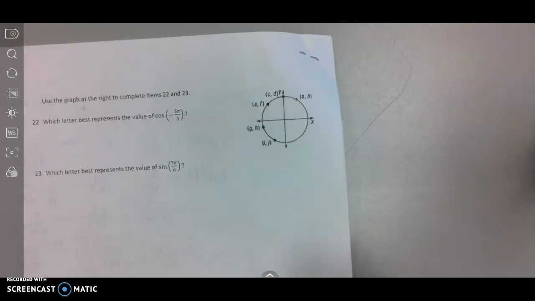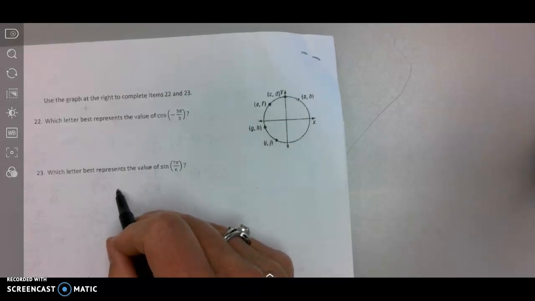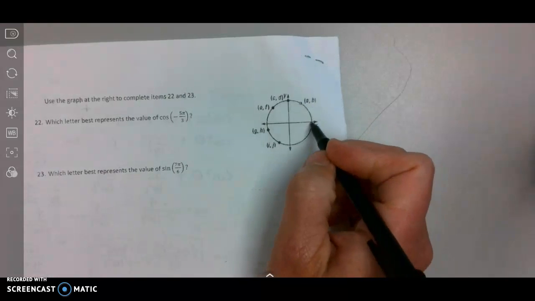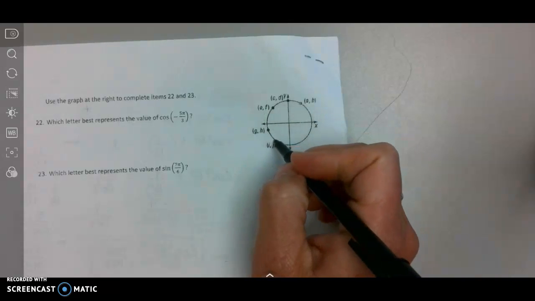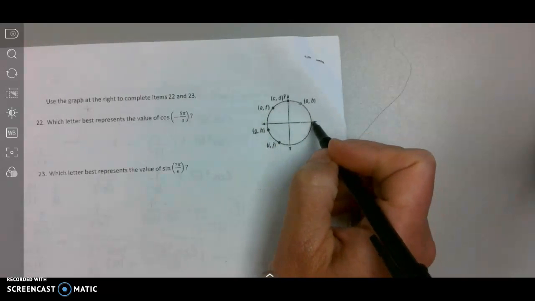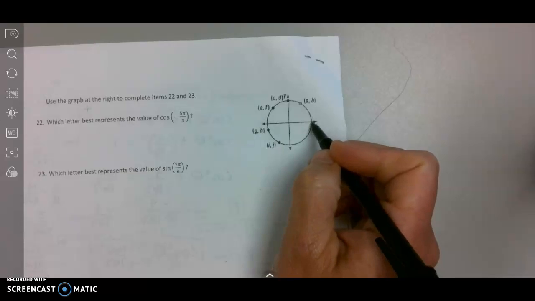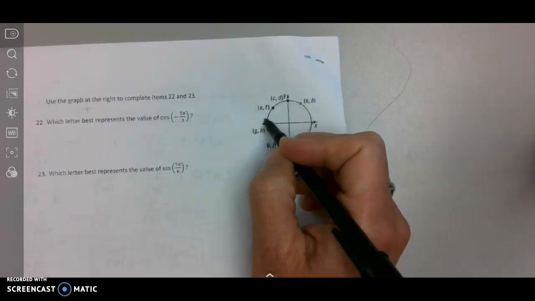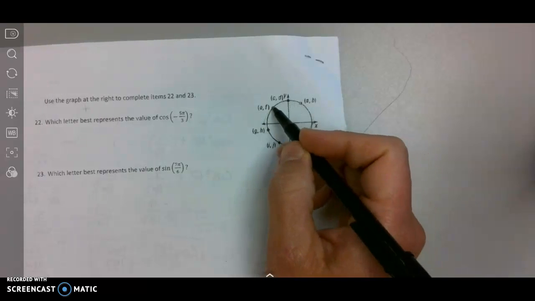Just two more questions. Which letter best represents the value of the cosine of negative 5 pi over 3? So that's 1 2/3 pi. Well, if I went in the positive direction, 1 2/3. If I go the opposite direction, I go 1 2/3, I guess.